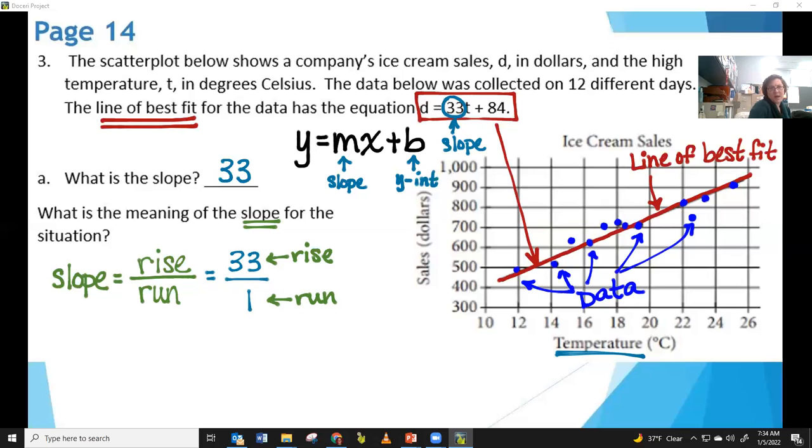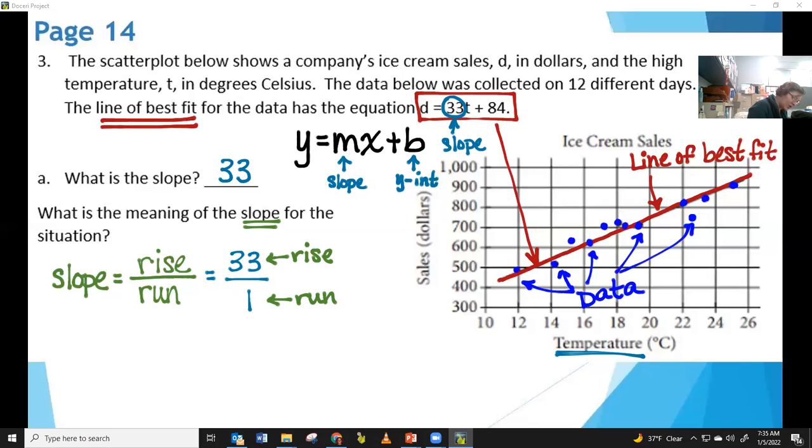So if I wanted to plot some more points on this line of best fit, would I go up or down for the rise? I would go up. So would we call that an increase or a decrease? An increase.